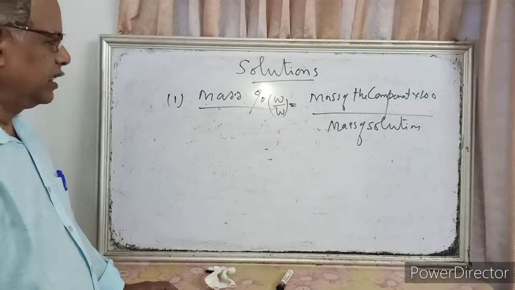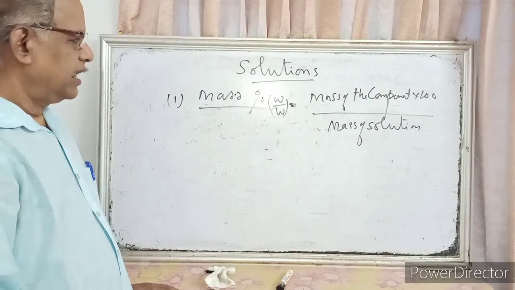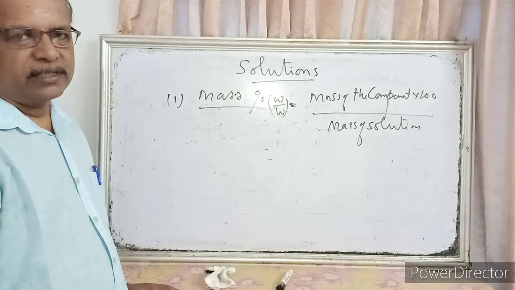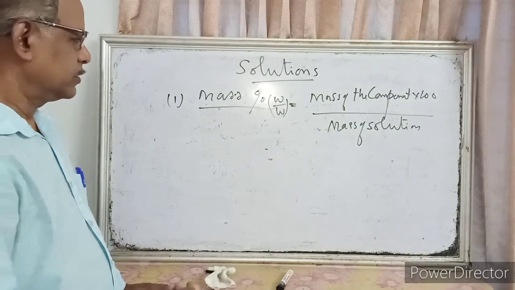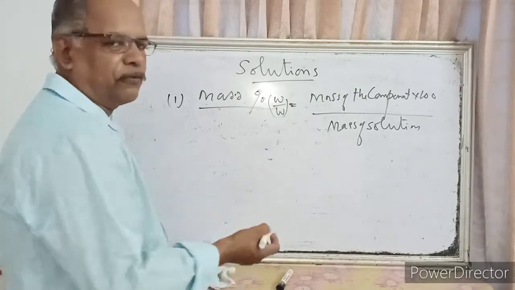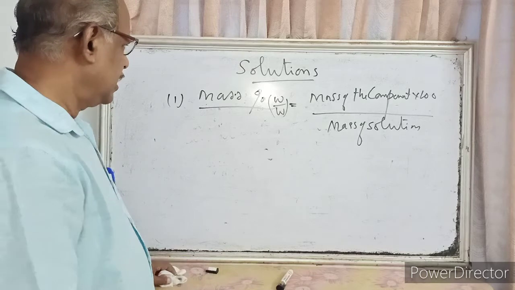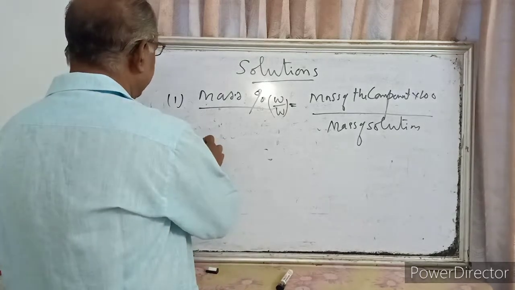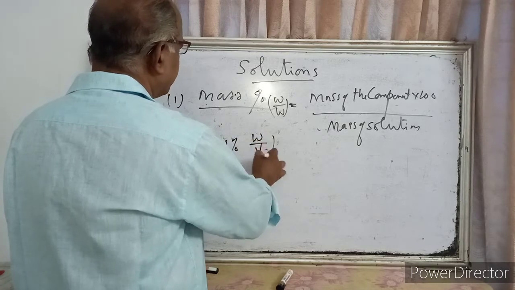For example, if you dissolve 4 gram of NaOH in 96 gram of water, so mass of solution is 100 and 4 is the mass of the solute. So mass percentage is equal to 4 by 100 into 100, that is 4 percentage. Another method is mass percentage again, mass by volume.